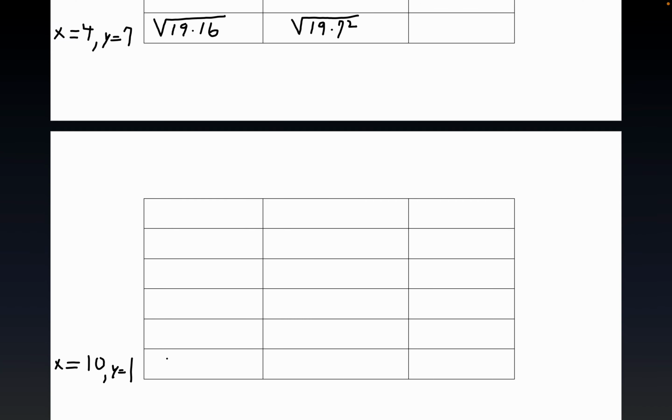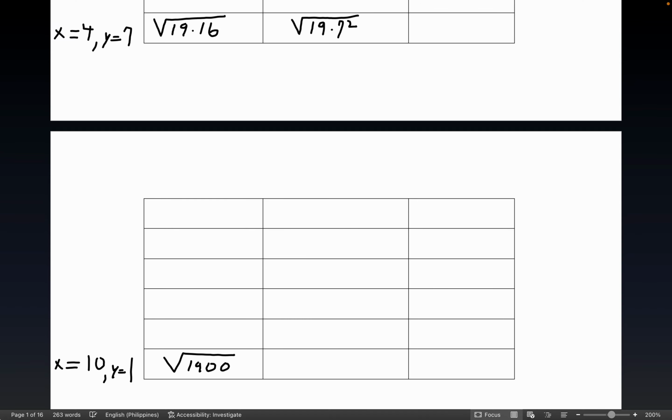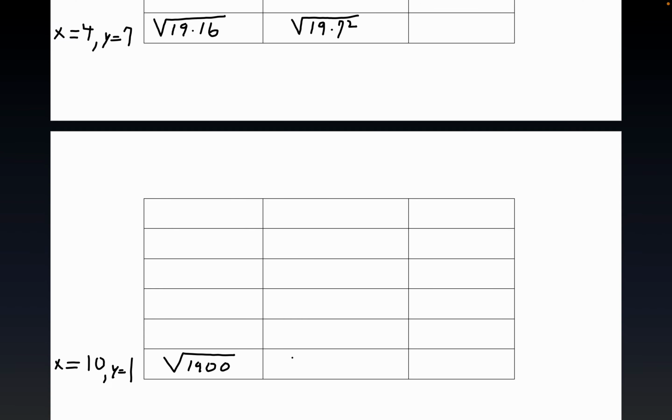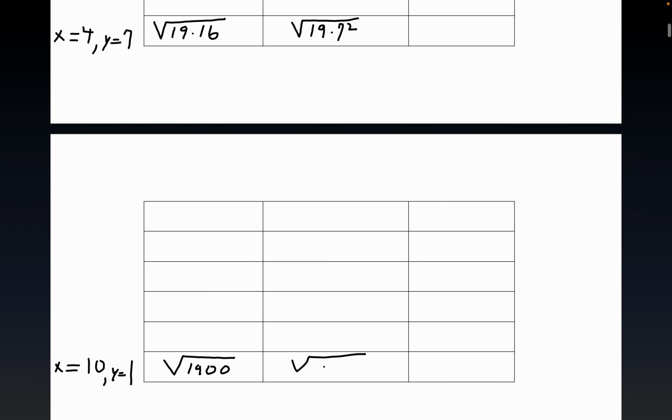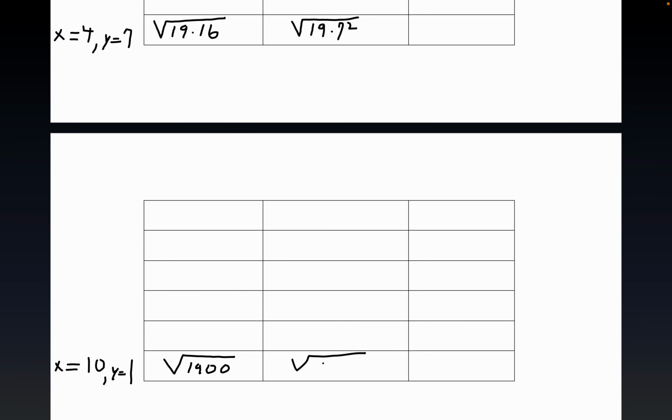So you'd end up with a root 1900 here. All right. And then, what was it, root 19? Here. So kind of at the halfway point, they switch the roles again, and it's not unexpected.